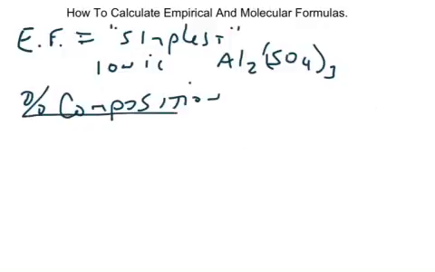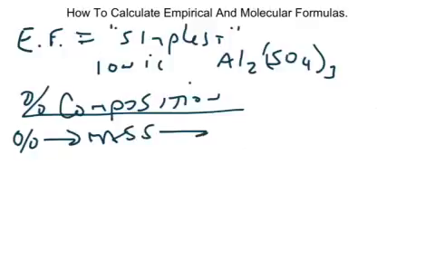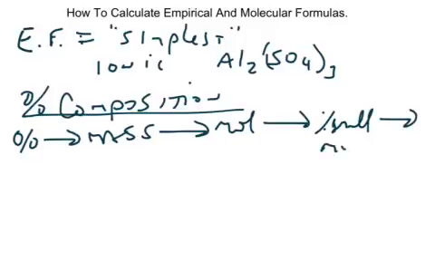From the percent composition, you say percent to mass, mass to mole, and divide by small. And then finally, you multiply till whole if you don't get whole numbers to begin with. If you get whole numbers, that's the empirical formula. Remember, empirical formula is the simplest ratio of atoms in a compound.